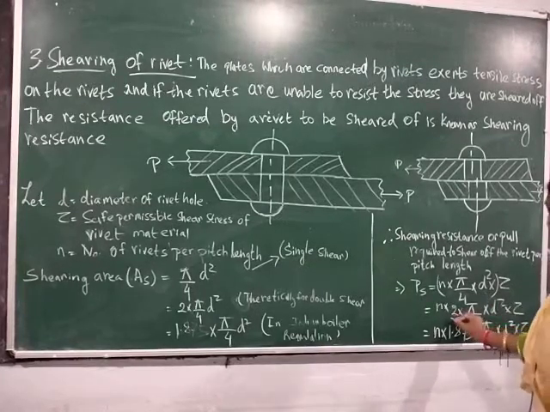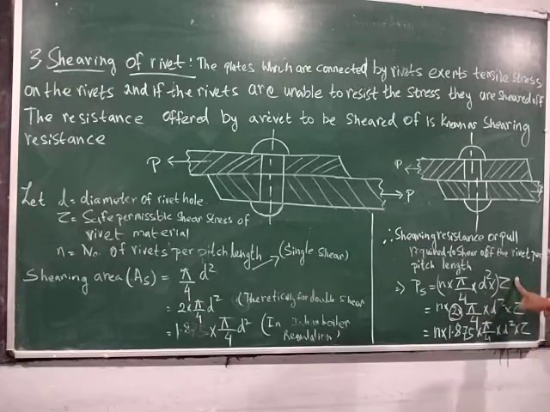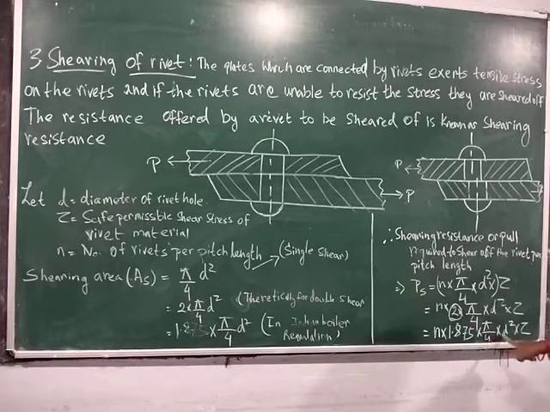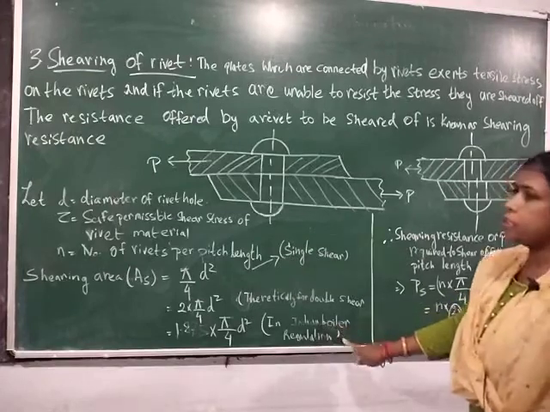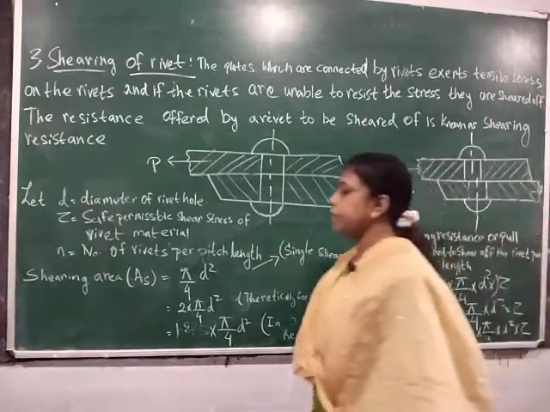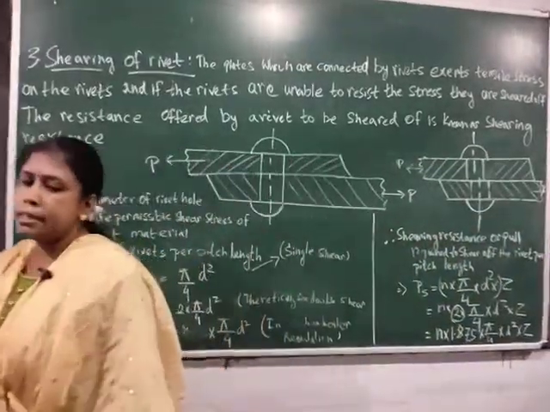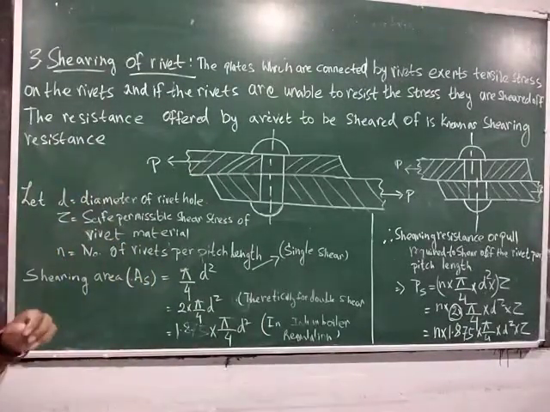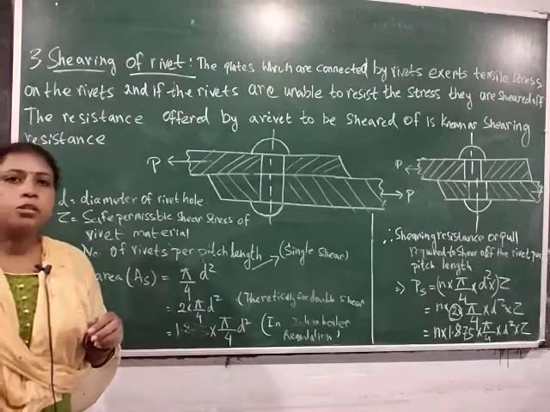Similarly, it is multiplied by 2 for double shear, and N into 1.875 into pi by 4 into d square into tau for Indian boiler regulation. Next, if shearing resistance is greater than your applied load per pitch length, this type of shear occurs.